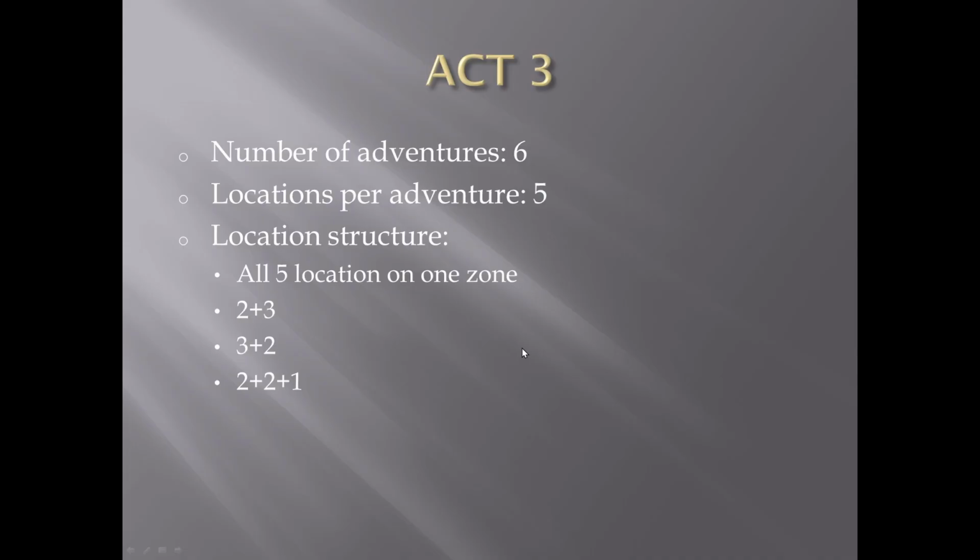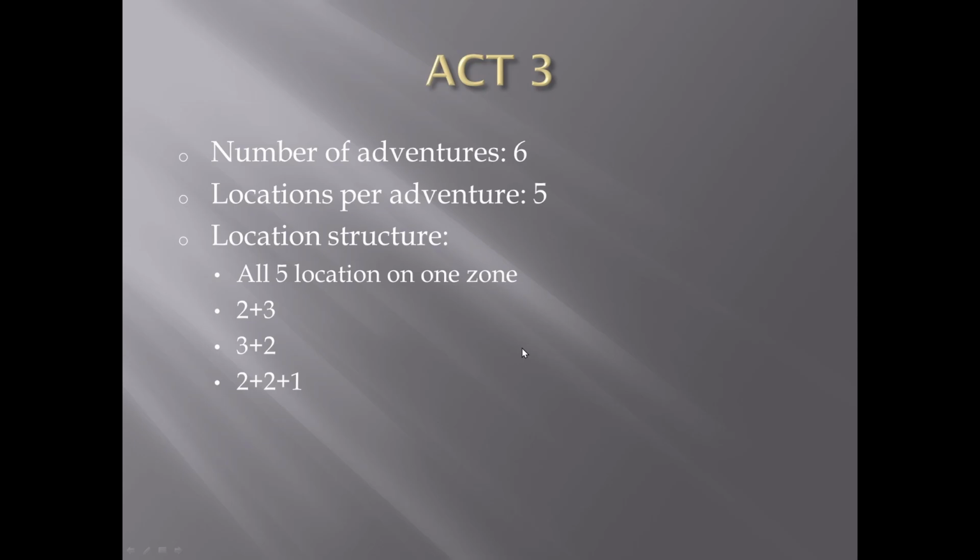Maybe you can have 2 different main bosses. You can separate, even from a lore perspective, the first 3 adventures that have their main boss or main villain, and then the second part of Act 3, the other 3 adventures, have their own.